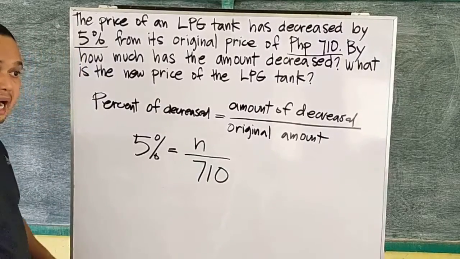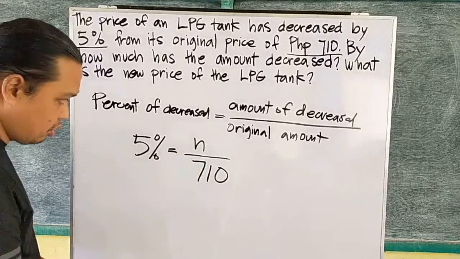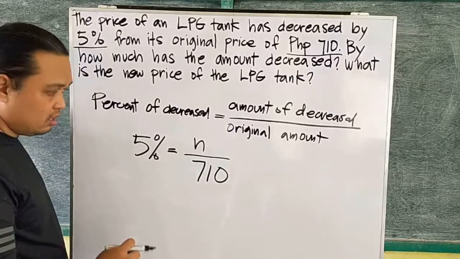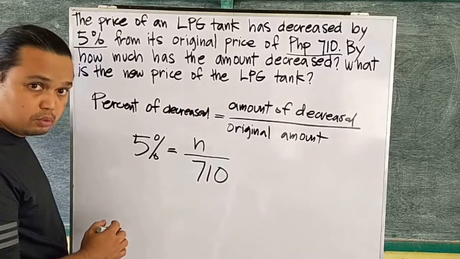So what are we going to do next? Because we have here an equal sign, an equality, just cross multiply.